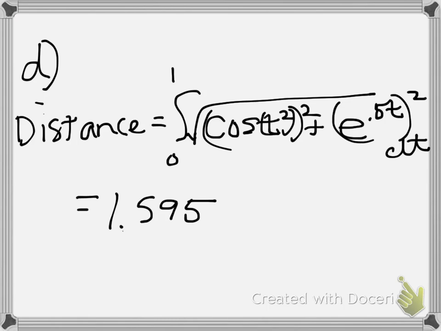Question 2. Is the horizontal movement of the particle to the left or to the right at time 2? Explain your answer. Horizontal is x, so for part A we want to find dx dt at time 2.